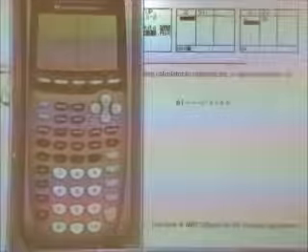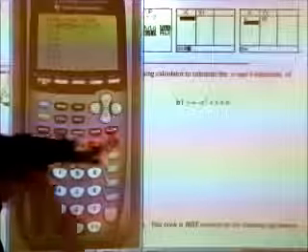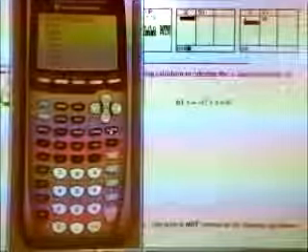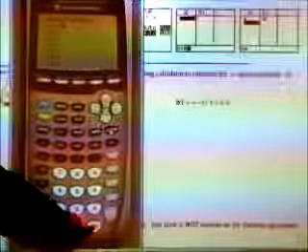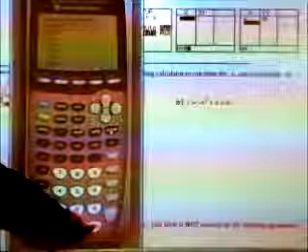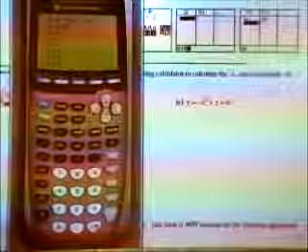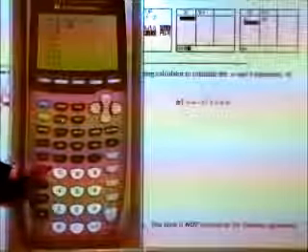Okay, so let's look at B. Clear your equation. -x squared. The negative button is this button right here. I talked about it the other day, the difference between the negative button and a subtraction sign. I have to use the negative button, x, and then I can use my squared.